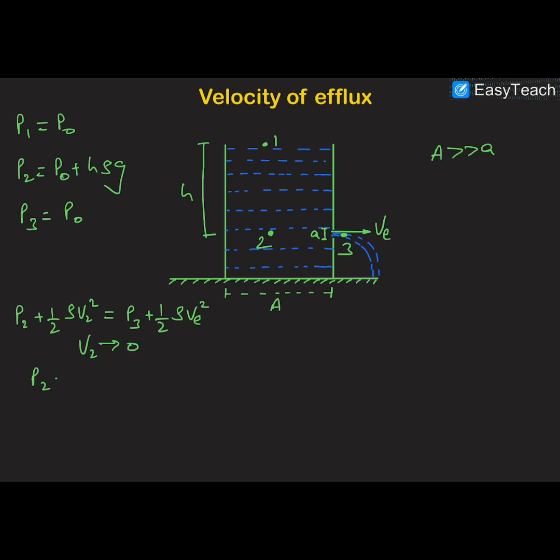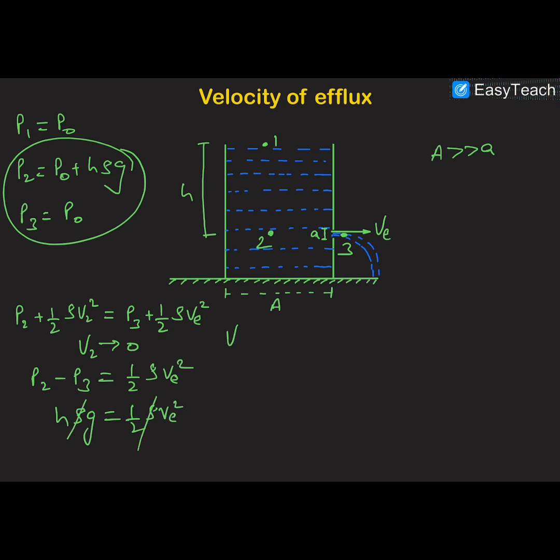So P2 minus P3 will be equal to half rho VE square, and you can see that P2 minus P3 is H rho g, and that equals half rho VE square. Cancelling rho with rho, VE will be equal to the square root of 2gH. So this is the velocity of efflux with which the liquid leaks out from the small orifice in the wall of the container.